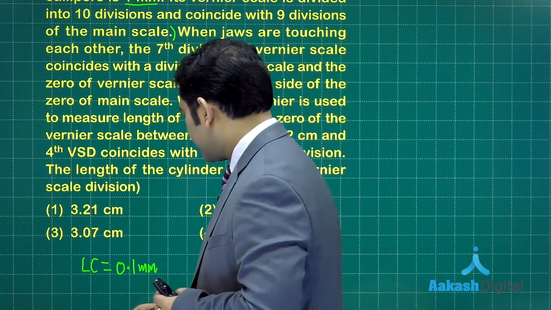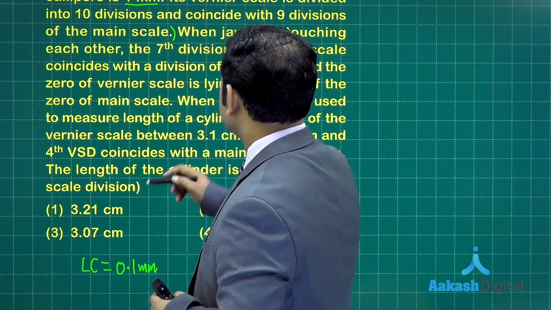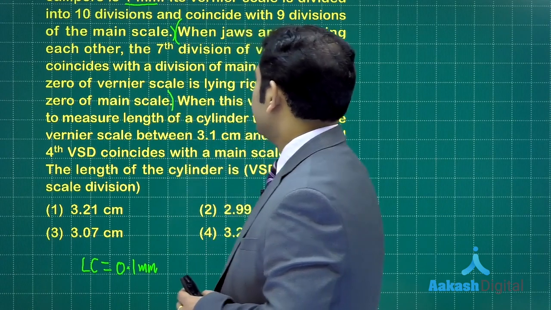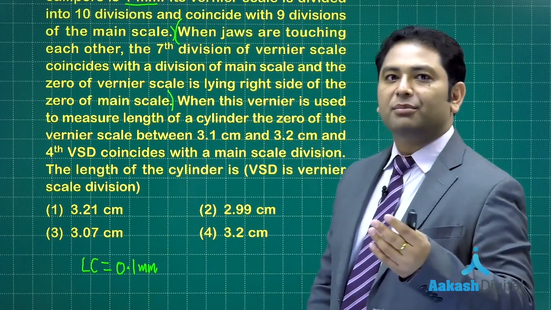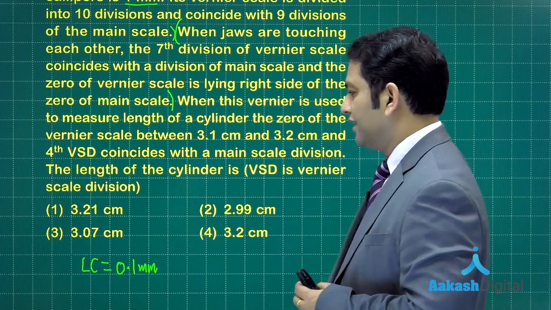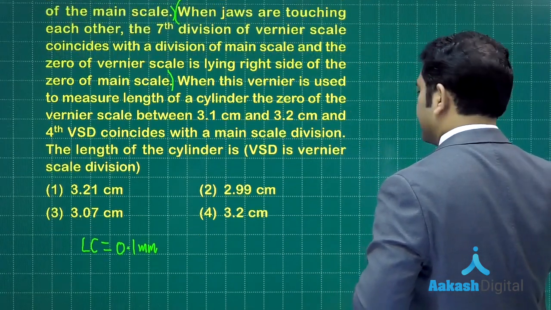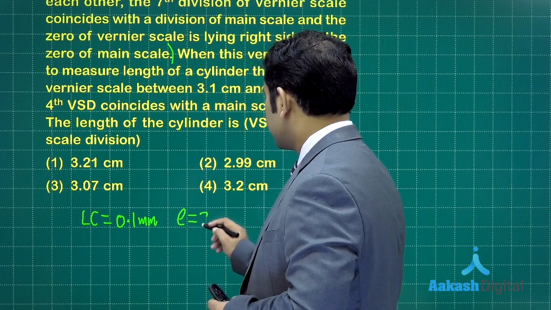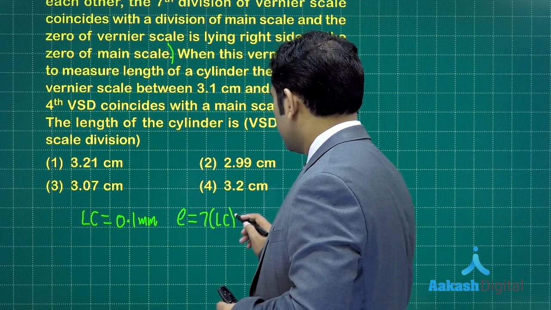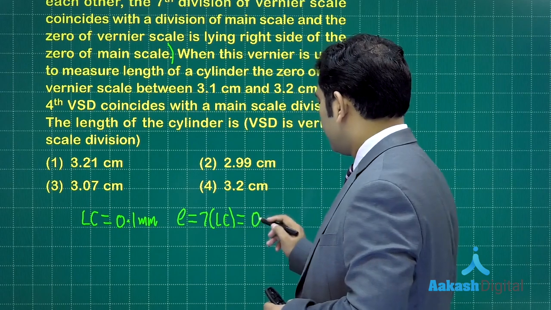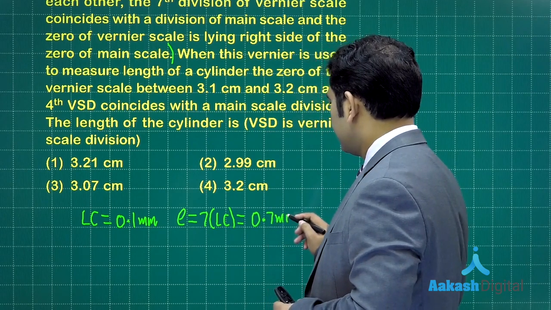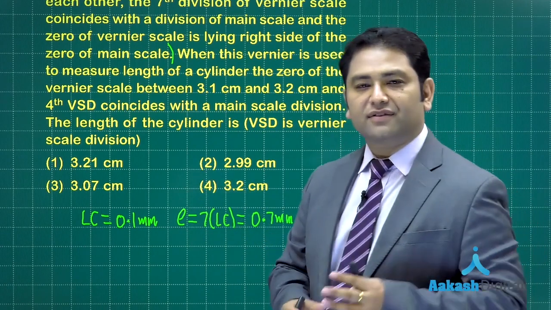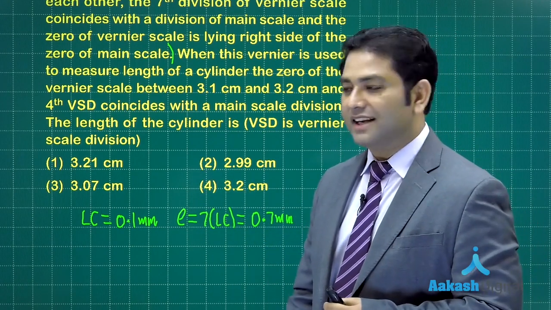So if we make another segment from here to this particular point, it gives us the information about the 0 error. So let's say the 7th division is coinciding. That means 0 error is going to be 7 multiplied by least count. So that will be equals to straightforward 0.7 millimeter. That's done. Of course, if the error is positive, the correction would be negative, right?